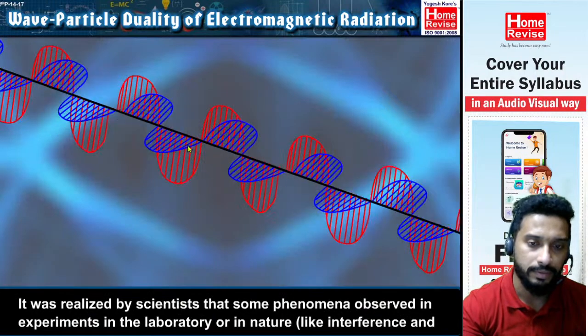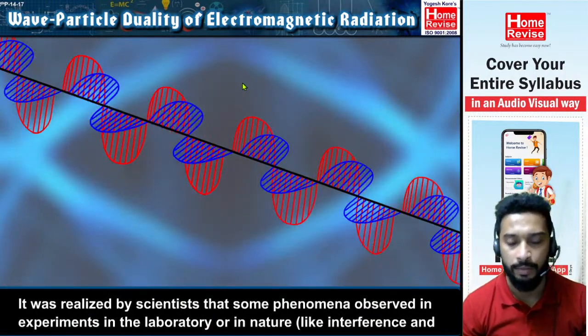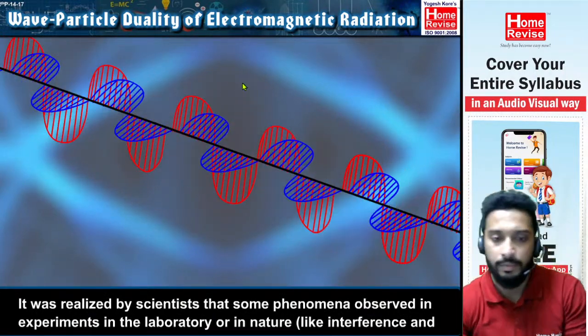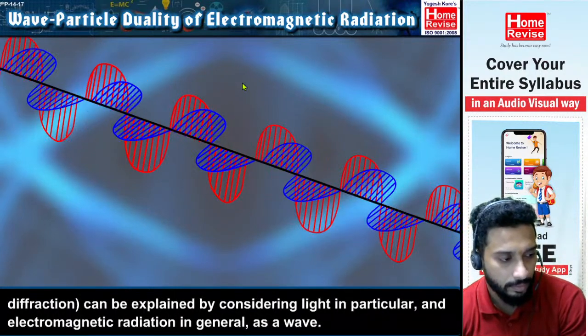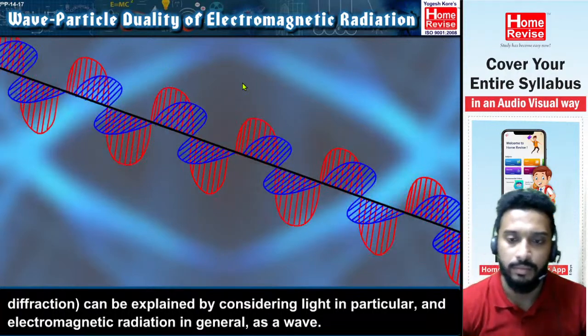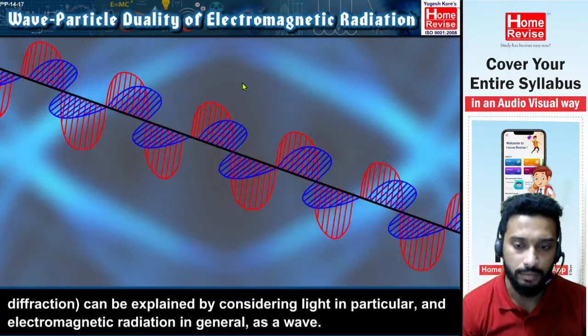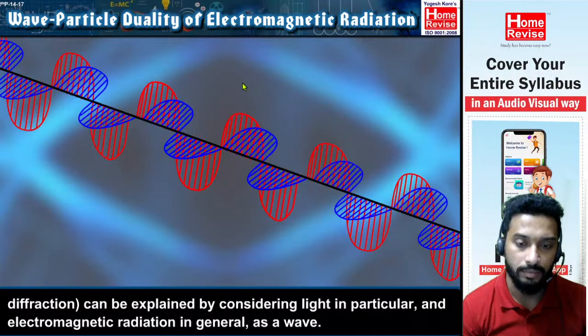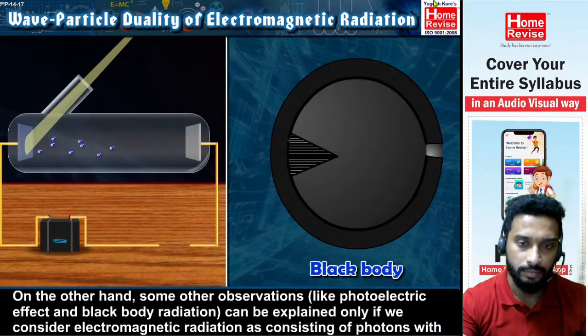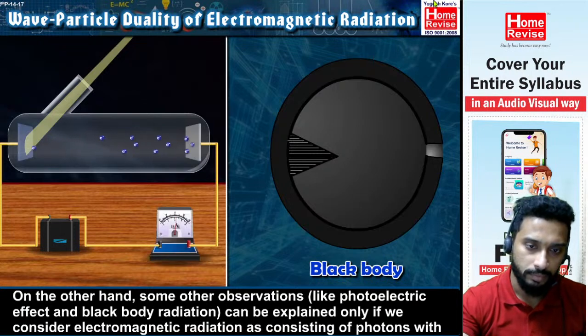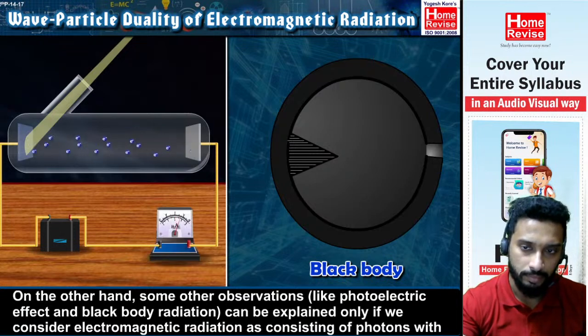It was realized by scientists that some phenomena observed in experiments in the laboratory or in nature, like interference and diffraction, can be explained by considering light in particular and electromagnetic radiation in general as a wave. On the other hand, some other observations like photoelectric effect and blackbody radiation can be explained only if we consider electromagnetic radiation as consisting of photons.